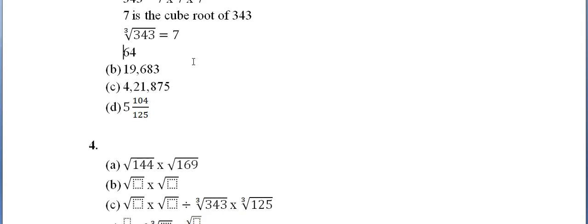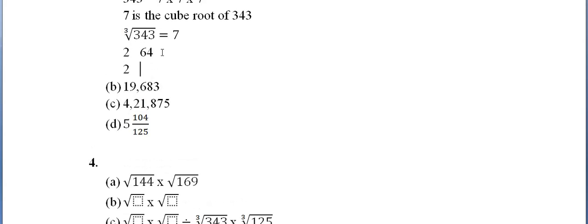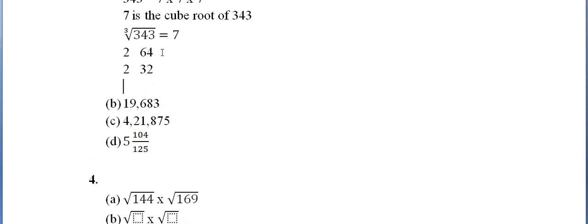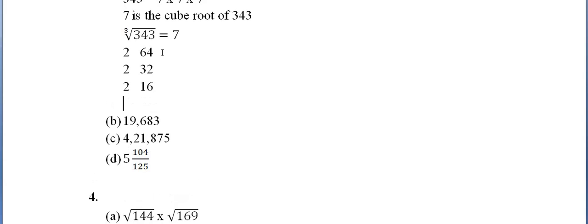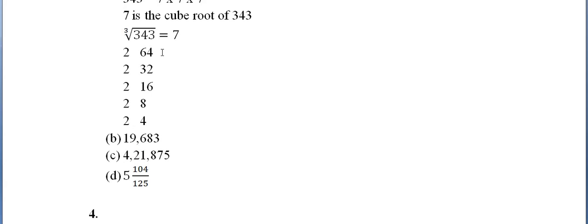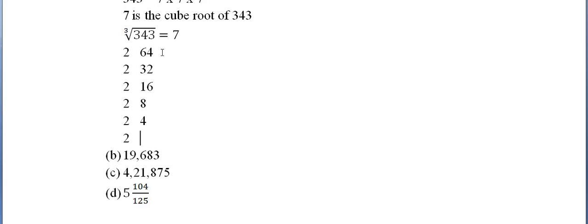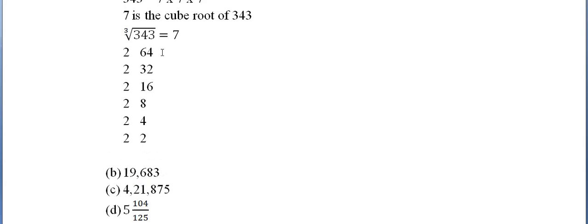We know that this number can be divided by 2 very simply. It will go 32 times, and again this 32 can be divided by 2, 16 times. Again this number can be divided by 8, and 2 fours are 8, and 2 twos are 4.